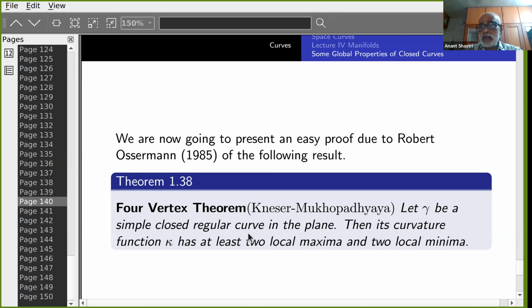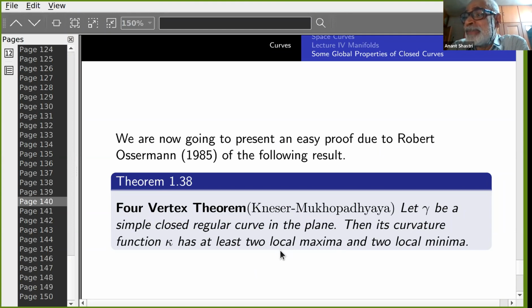It's a one-dimensional manifold. One can allow piecewise smooth also, but then what is the meaning of local maxima, local minima, etc.? You have to be careful. At all those points wherein the curve is not smooth, they are all taken as vertices. So in some sense, if it is not a regular curve, the proof becomes easier. You understand? Because you have to prove 4 vertices, and all the points wherein the function is not smooth are already counted, right?